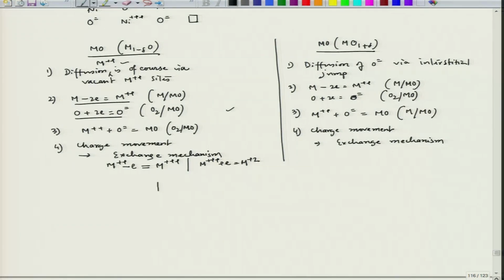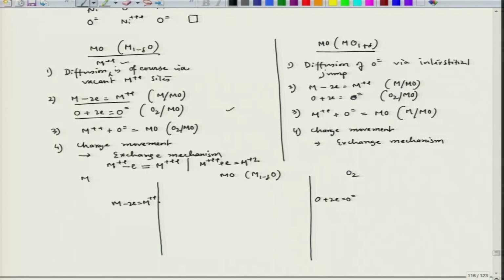Now, if I try to see graphically what happens here, if I see the two interfaces, this is oxygen, this is metal oxide, this is metal, of course, metal 1 minus delta O. Now, metal minus 2e equal to M plus plus, and here oxygen plus 2e equal to oxygen 2 minus, these two reactions are taking place.